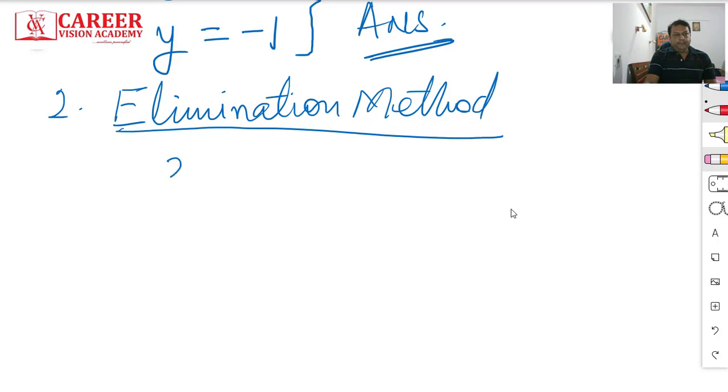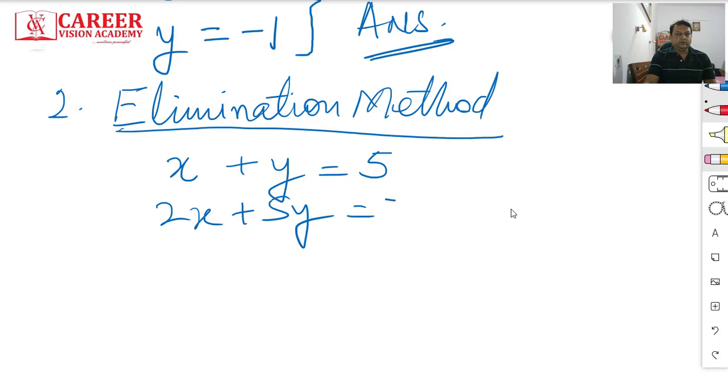I take the equations x plus y is equal to 5, and 2x plus 5y is equal to 7. These are the two equations I am taking, and I am keeping them simple first. After that I'll explain with some more difficult ones.